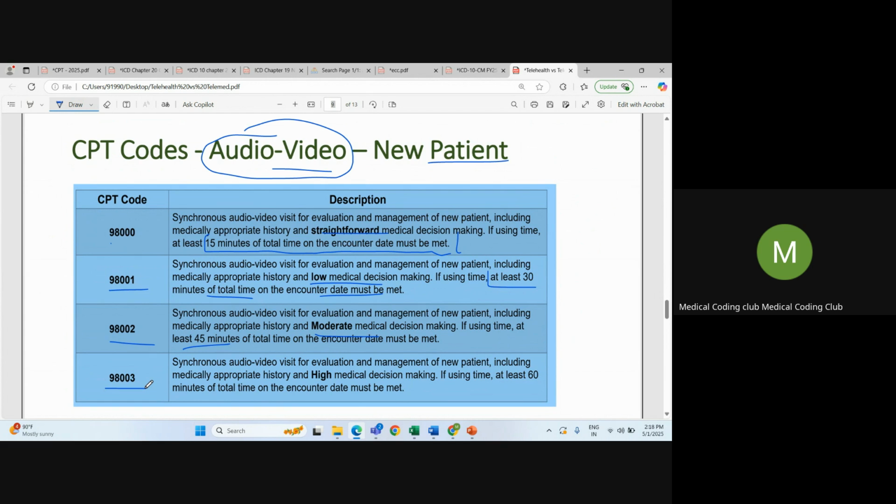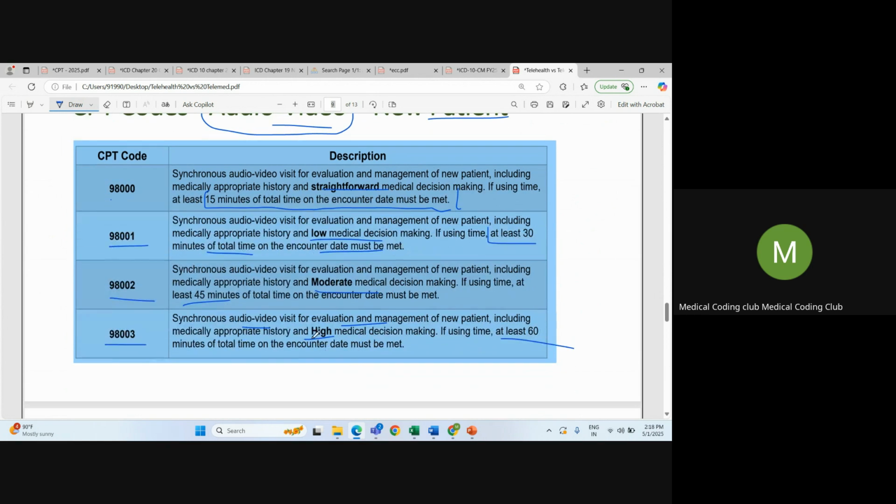And 98003 is for a synchronous audio video visit, which is high MDM, and while using total time, 60 minutes of total time on the date of encounter must be met. So here prolonged services also you can utilize. Remember, the prolonged service code is 99417. For an additional 15 minutes you can code 99417 along with the 98003 code.